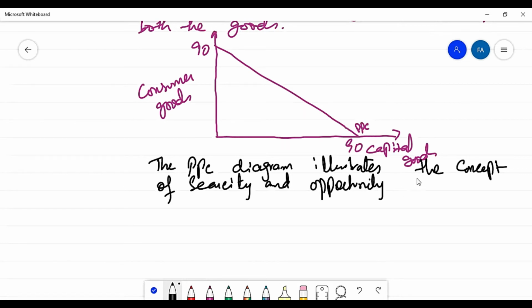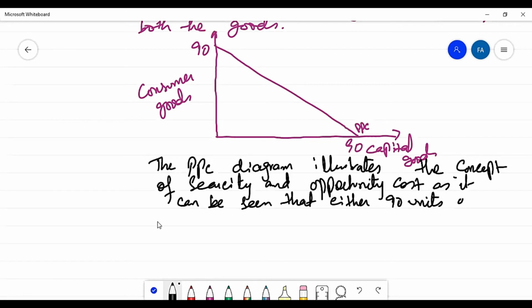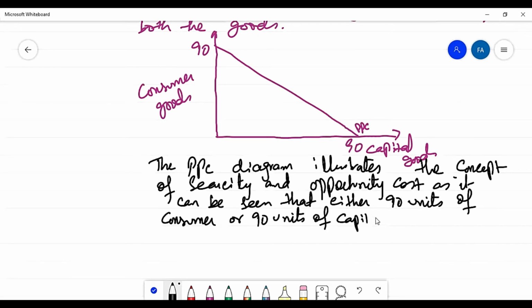Opportunity cost, as it can be seen, is that either 90 units of consumer or 90 units of capital goods can be produced. So this way it is showing the concept of opportunity cost.